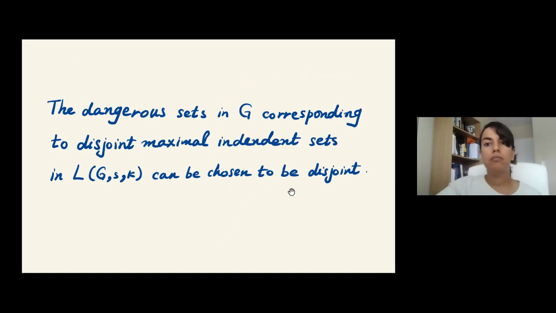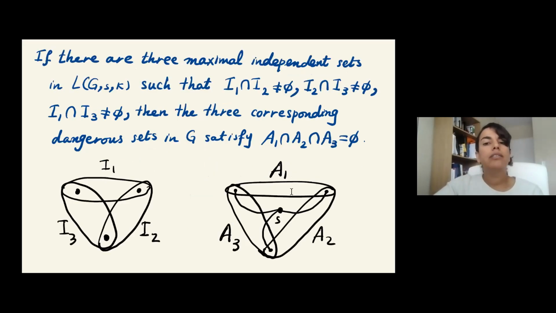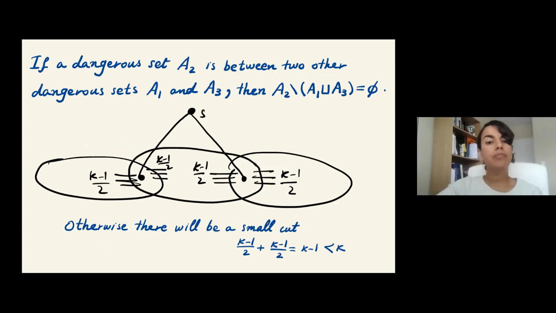And the dangerous sets corresponding to disjoint maximal independent sets can be chosen to be disjoint, and they are arranged in the same way as the independent sets. And here, if we look at a dangerous set in the middle between two other dangerous sets, its interior has to be empty other than those intersections, of course.